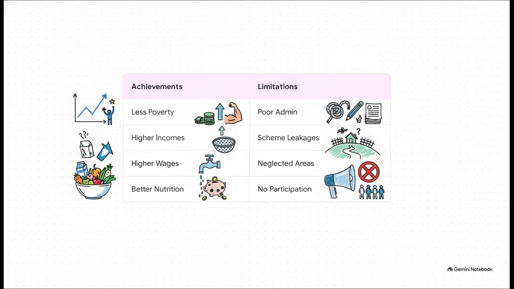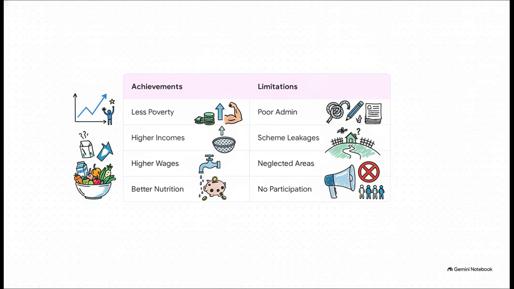And this brilliantly illustrates the 2 clear sides of the program's efficacy. On the one hand, we absolutely celebrate incredible achievements. That historic decrease in poverty, a proven increase in the income of the poor, higher wages in backward regions, and vastly improved nutritional levels for the most vulnerable. But looking impartially at the other side of the ledger, the sources note some pretty severe administrative and strategic hurdles.